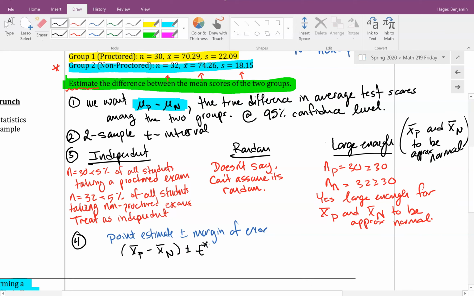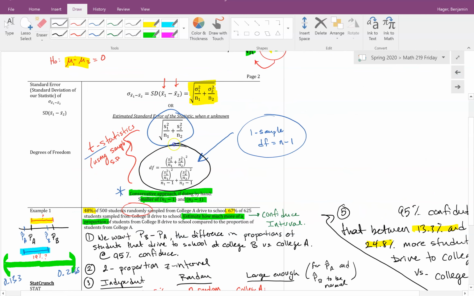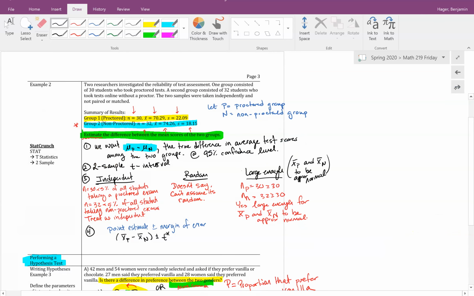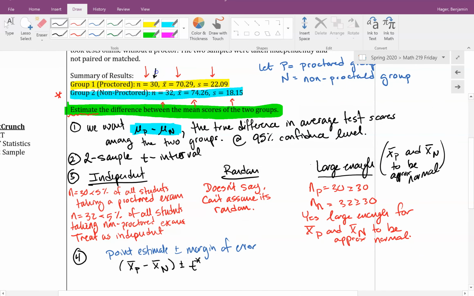Now what's the degrees of freedom here? Remember, back on the previous page, it said that instead of doing all of this, if you're doing it by hand, the conservative way to do it is to take the smaller of the two individual degrees of freedom. So if my sample size is 30, that would be 29 degrees of freedom.